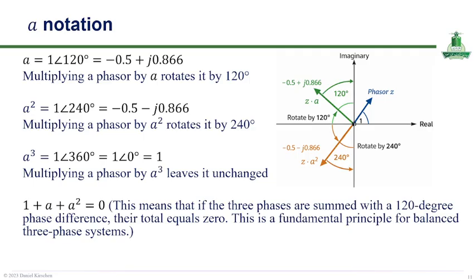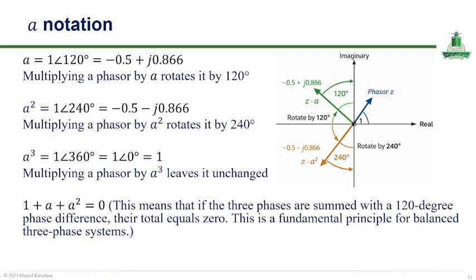The operator a represents a rotation of 120 degrees in the complex plane, and when a phasor is multiplied by a, it is rotated by 120 degrees, and when multiplied by a squared, it is rotated by 240 degrees.